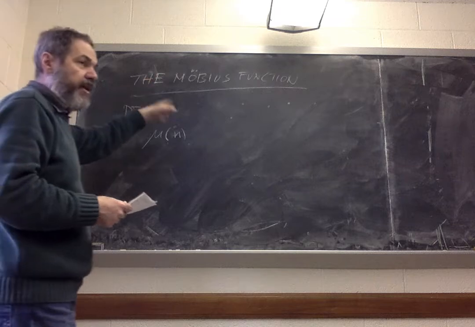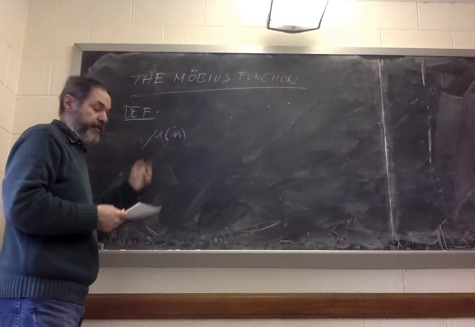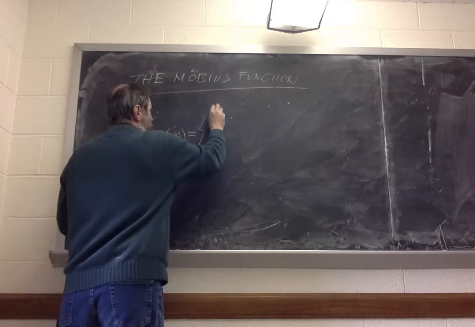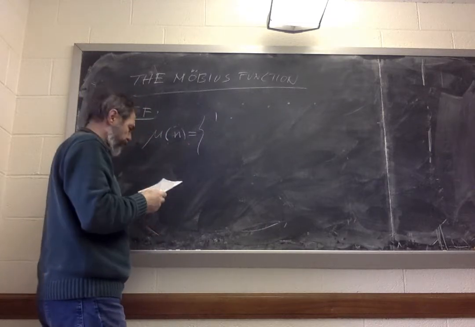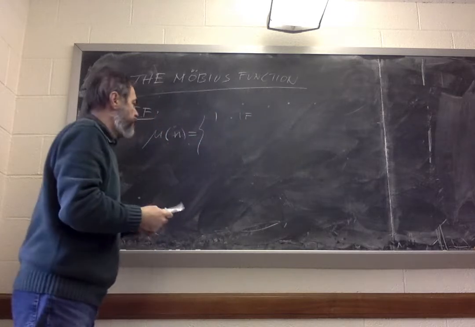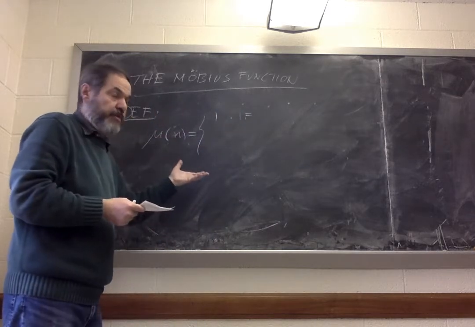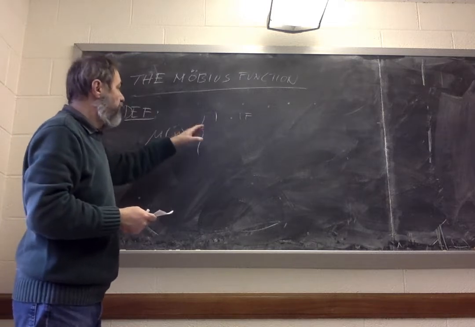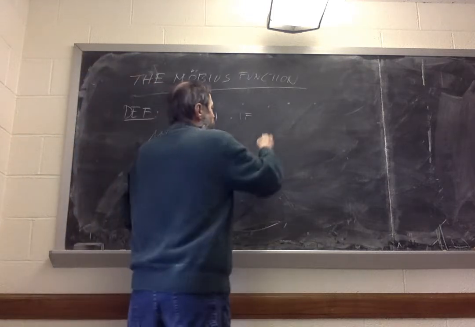So Mobius is a name, and this is a Greek letter. This is another arithmetic function. It's defined only for positive integers n, and if n is 1, it's defined to be 1.